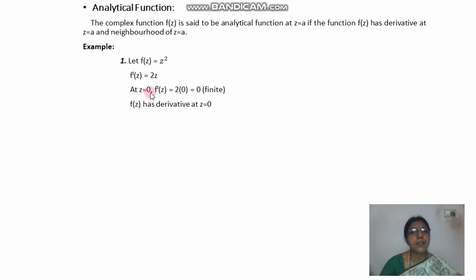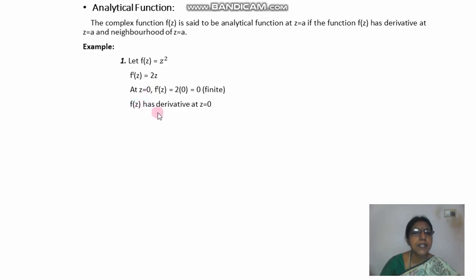At z is equal to 0, what is f dash z? It is 2z, which means 2 into 0 is equal to 0. It is a finite value. So the derivative f dash z at z is equal to 0 is finite, so the derivative exists at z is equal to 0. So at this point we say the function is analytic.